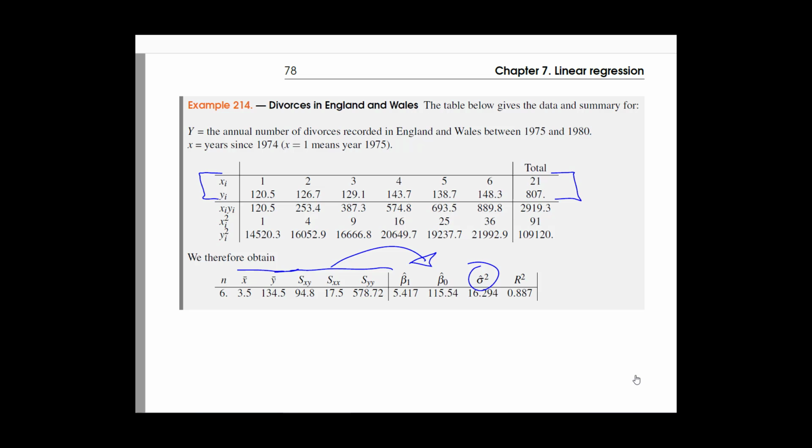All right, so the first step would be to calculate the product of x and y and the squares, so that you can have the sums right here. Okay, and these sums are the ones needed to calculate these quantities, right? So pretty straightforward.